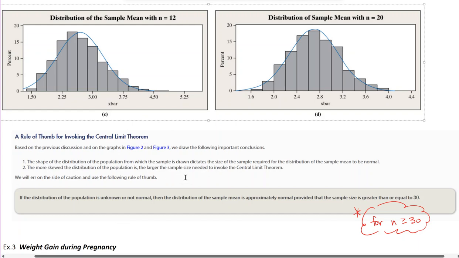So again, if I don't know what the shape of my population is, or if the population is skewed, as long as the size of your sample is greater than or equal to 30, you will have a sample distribution that behaves in a normal way, and we can therefore apply the normal model.